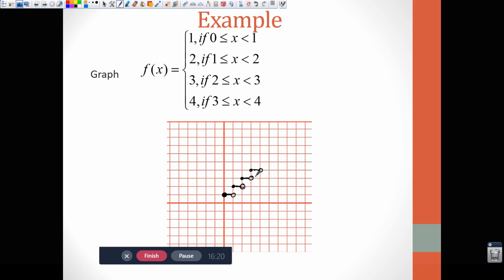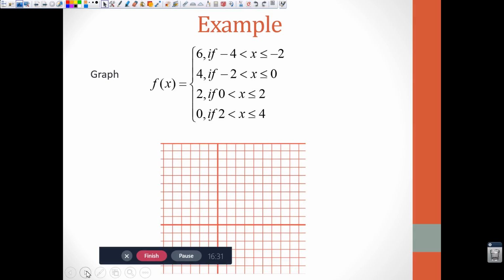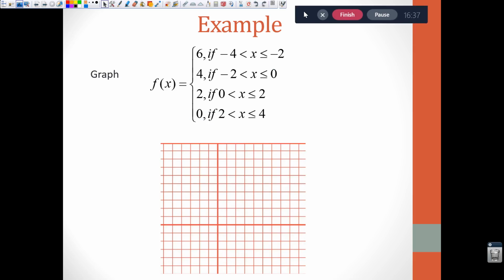Okay, let's try one more step function. So if f of x equals 6, so if y equals 6, then my x values are between -4 and -2.